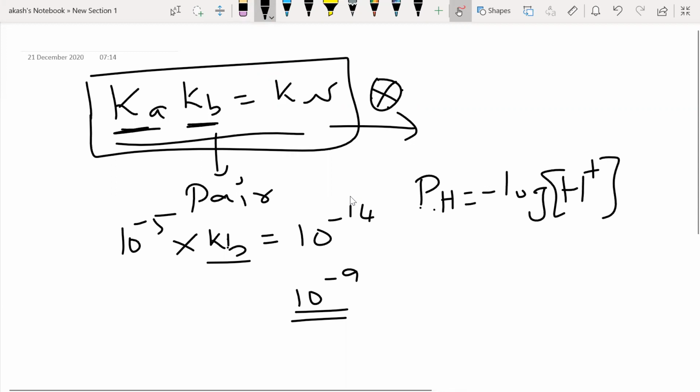Correct. Now, if I want to find the H plus concentration, this is the formula. If the pH value is given to you and they ask you what is the concentration of H plus, it's pretty simple. The formula is 10 to the power minus pH. Did I tell you this before?